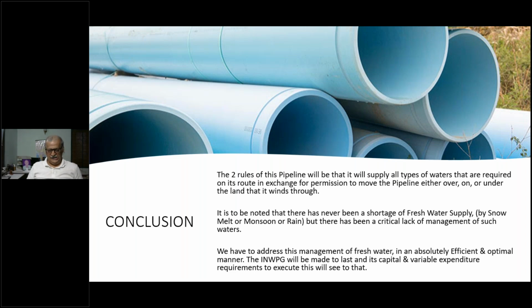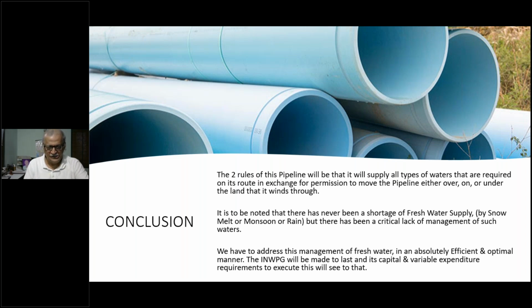It is to be noted that there never has been a shortage of freshwater supply by snowmelt or monsoon or rain, but there has been a critical lack of management of such waters. We have to address this management of freshwater in an absolutely efficient and optimal manner.